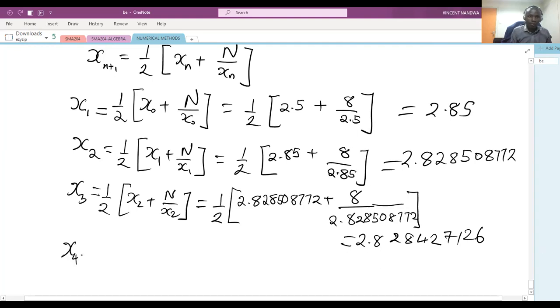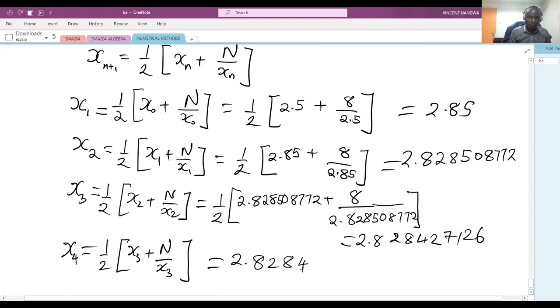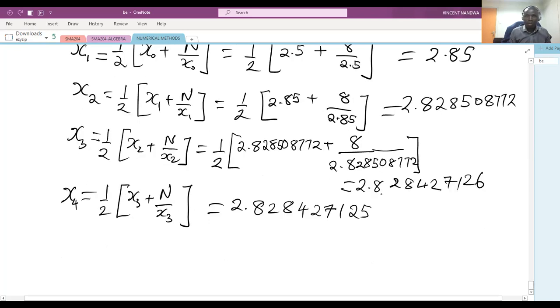So you go to x4, which will be a half into x3 plus n over x3. When you work it out, you get 2.828427125. So 2.8284 and 2.8284, these have the same value.